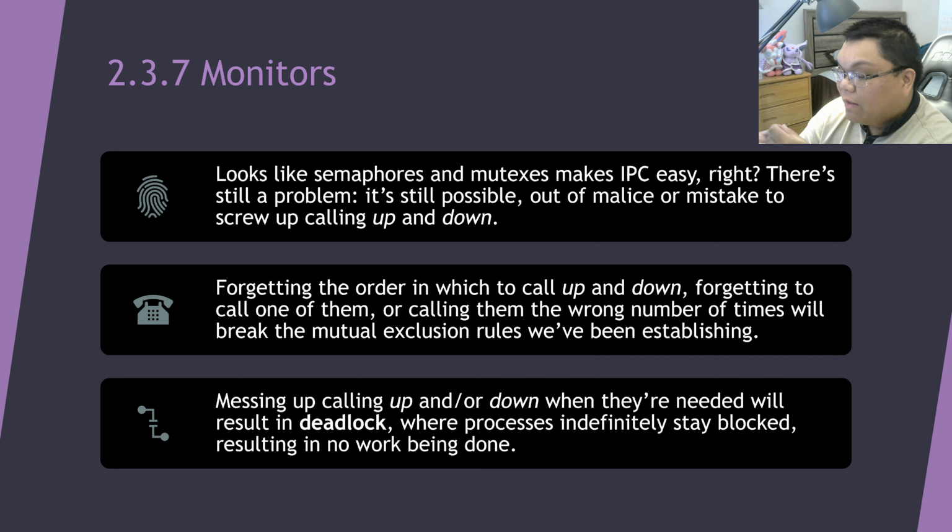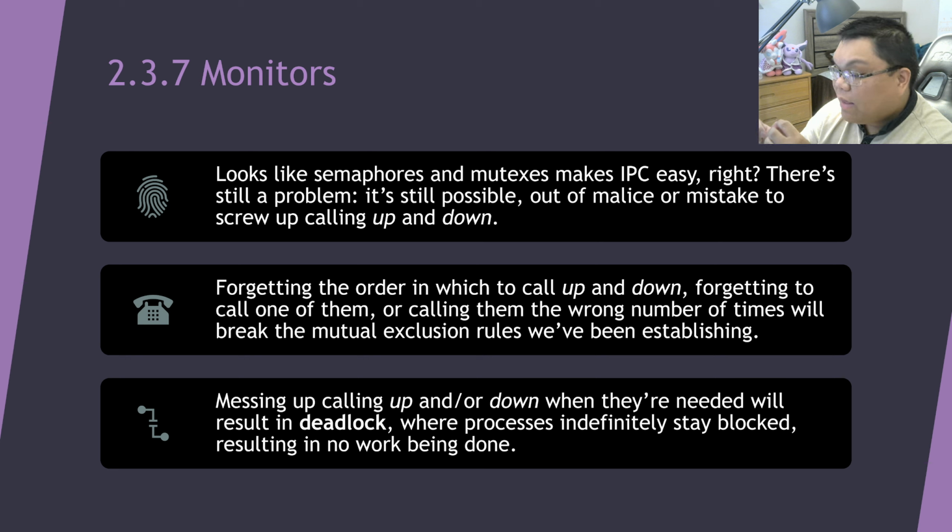And if we do that, remember that scenario when one process tried to wake up another sleeping process and the signal got lost, and then both processes eventually went to sleep? That is called deadlock, where processes are blocked and they stay blocked because there's no way to unblock them. This results in no work being done.